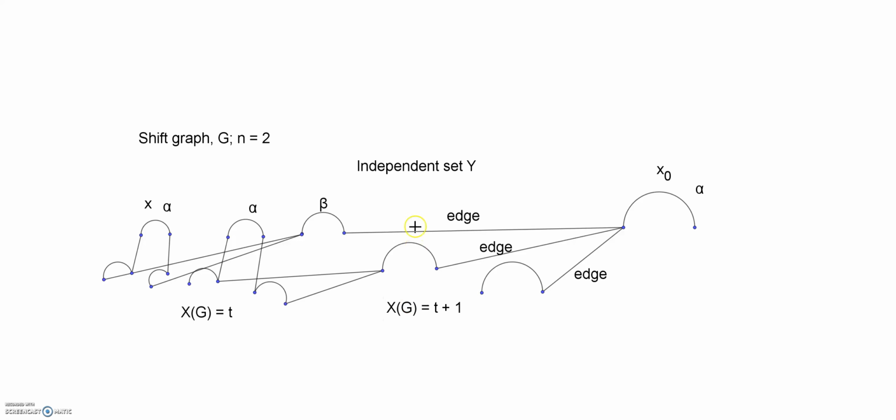And why do we do that? Well, we look back to the x naught case. We see that x naught is adjacent, which means it has to have a different color assignment. And this addition of beta, which was not already in the range of colors from 1 to t, matters. To some range of colors with size t, beta was not in that original range. We add that in. That's why we get our plus 1.